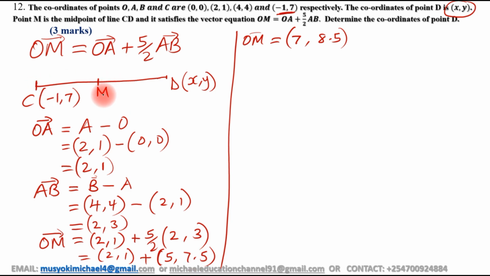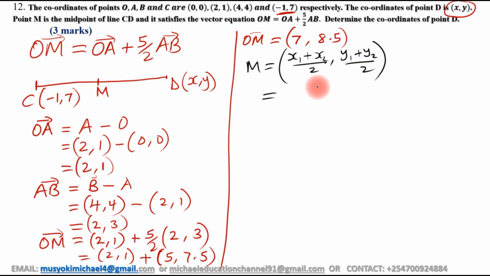Now, to get the coordinates of point D, since M is the midpoint of CD, M is given by the general formula (x1 plus x2 over 2, y1 plus y2 over 2).